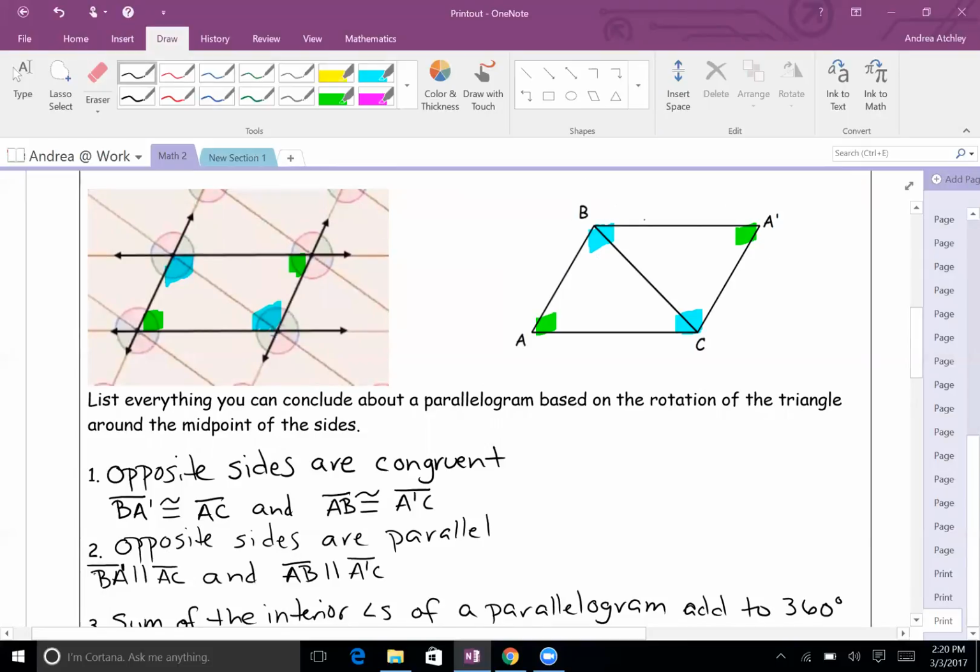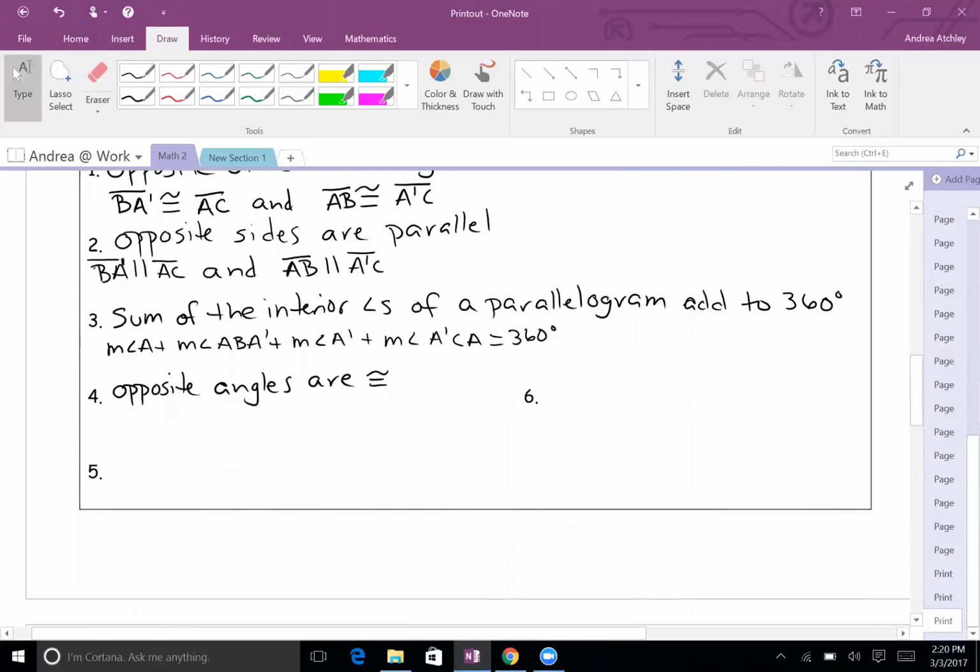And angle ABA prime and angle A prime CA are congruent.